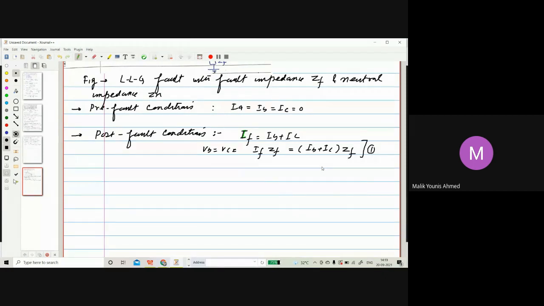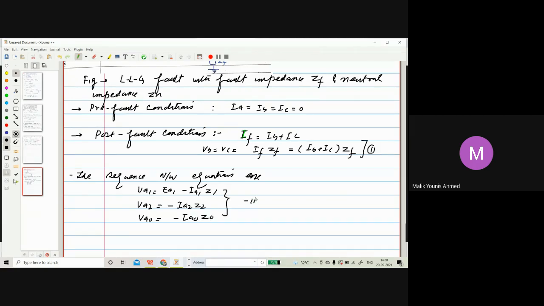Okay, the sequence networks equations are, we know, positive sequence has only the voltage source: EA1 minus IA1 into Z1, then negative and zero sequence do not have a source: VA2 equals minus IA2 into Z2, VA0 equals minus IA0 into Z0.